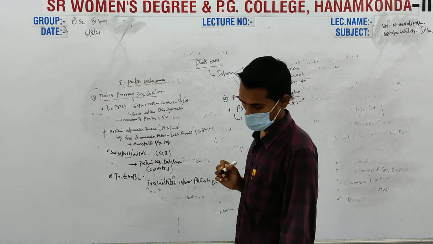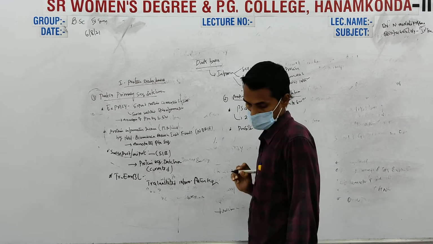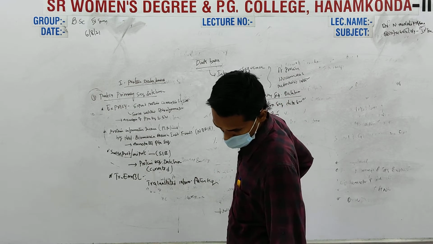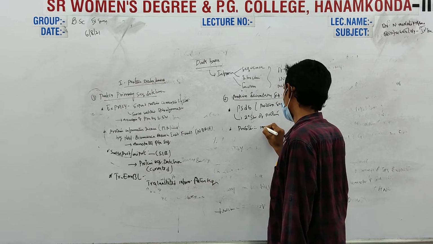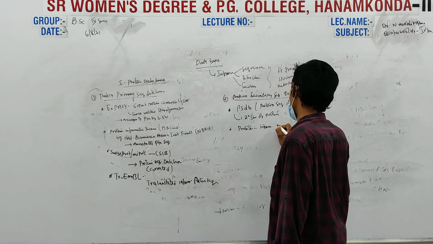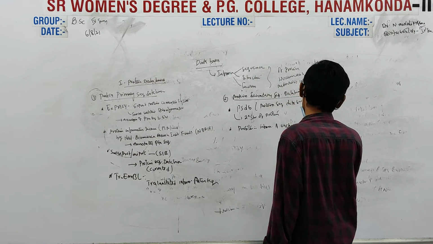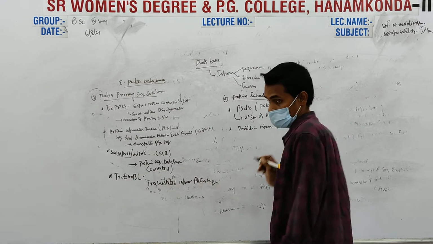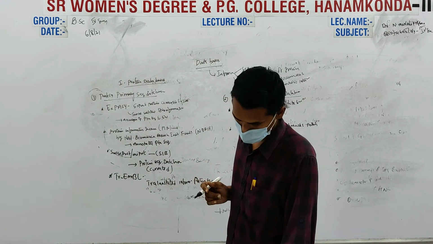And the next one is PROSITE, which contains the information of uncharacterized proteins.